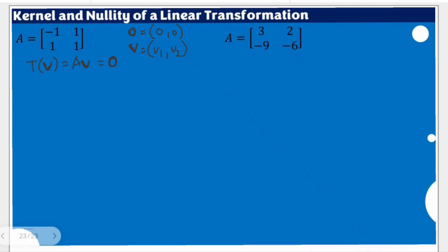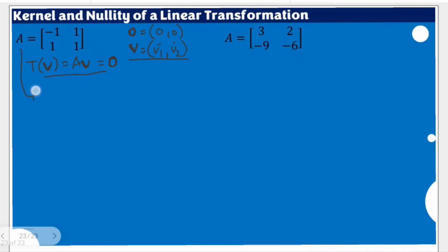So we're going to solve for all possible values of v sub 1 and v sub 2, and those would become part of the kernel. The nullity, on the other hand, is the dimension of the basis of the kernel. So we're going to determine that later once we are done with the kernel.